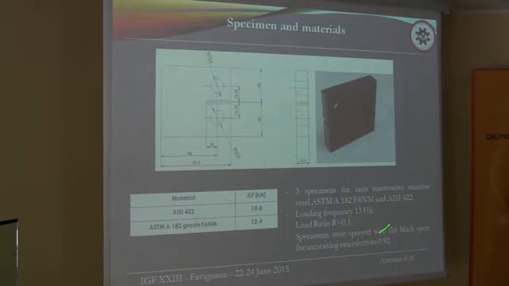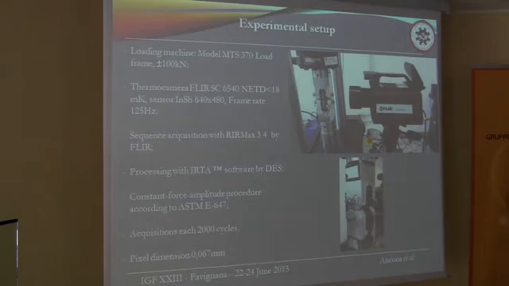was 13 Hz, the loading ratio 0.1, and to increase the emissivity of the surface we sprayed the surfaces with flat black spray. In this table, it is possible to see the delta P load that we used in the tests.